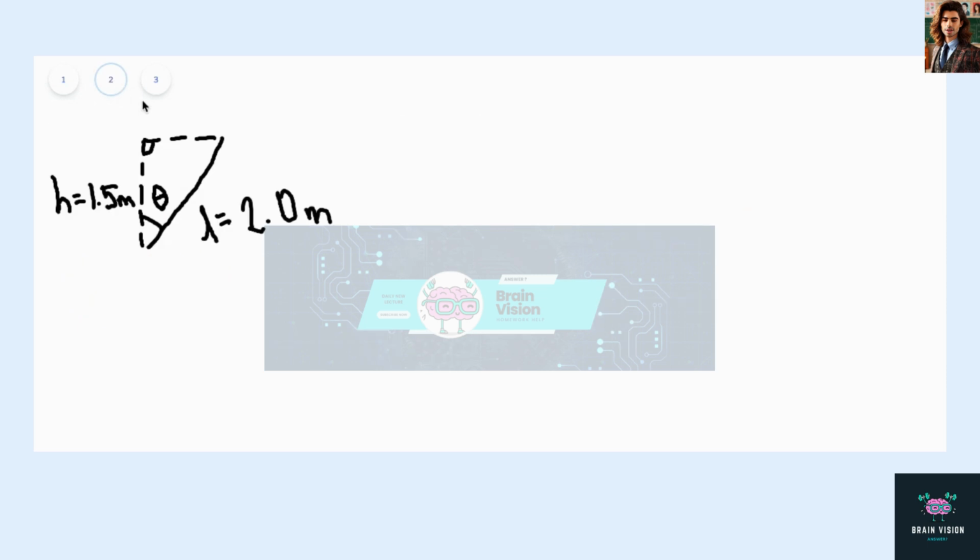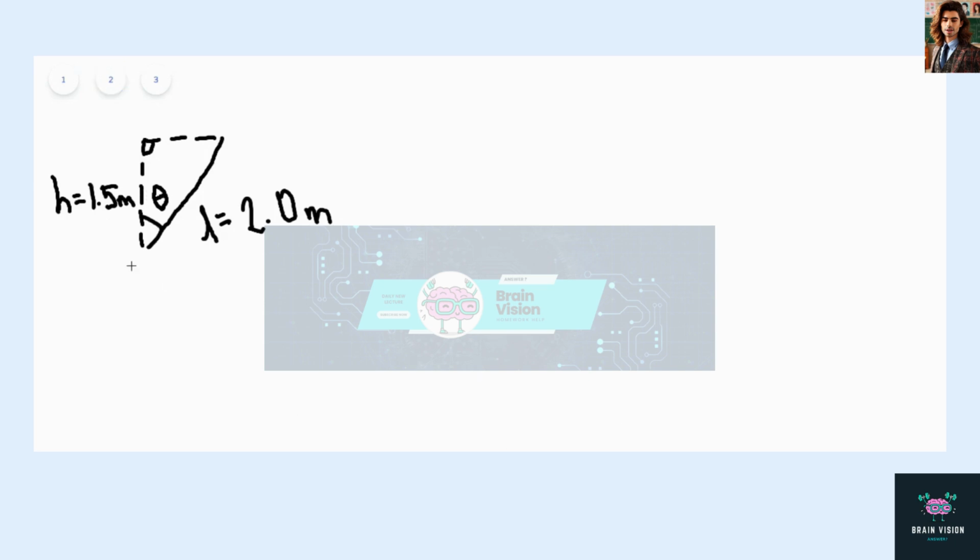On this page, I've provided a diagram of any one of the wires, doesn't matter which one. It shows that the wire is supporting the chandelier at a height of 1.5 meters below the ceiling, and that the length of the chandelier's wire is 2 meters. This will set an angle between the wire, which provides the tension force, and the vertical direction.